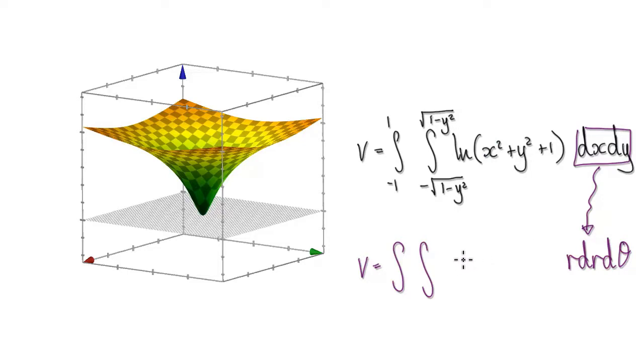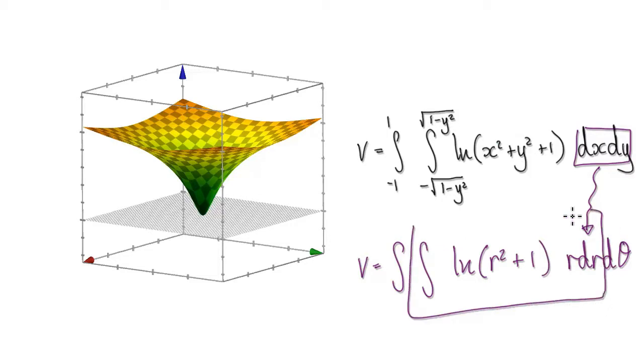That would be natural log of r squared plus 1, because this thing here is r squared. The inner integral would be r, so we need r equals something. The outer integral would be theta equals something.